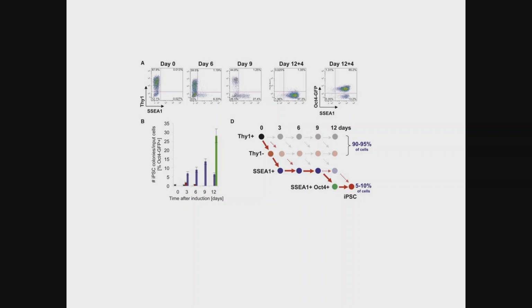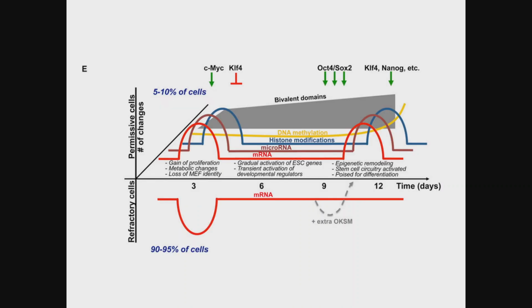And some of them manage to become IPS. When we start the process, these cells that will end up transformed into IPS start expressing the mRNA of pluripotency. We are losing the MEF identity. We have metabolic changes and gain proliferation. So the first step is proliferation.